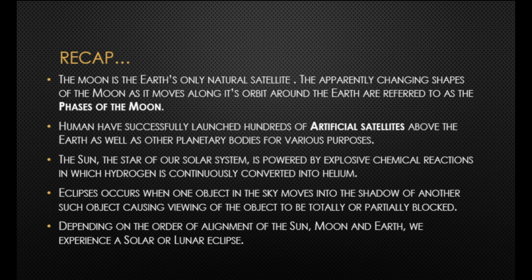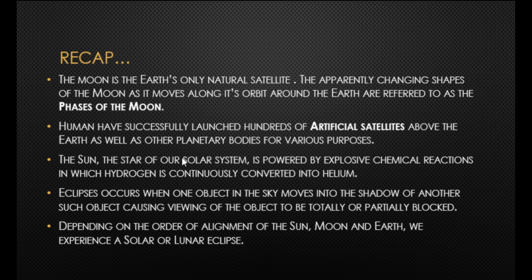Let's take a quick recap of what we have learned in this video. The moon is the earth's only natural satellite. The apparently changing shapes of the moon as it moves along its orbit around the earth are referred to as the phases of the moon. Humans have successfully launched hundreds of artificial satellites above the Earth as well as other planetary bodies for various purposes.